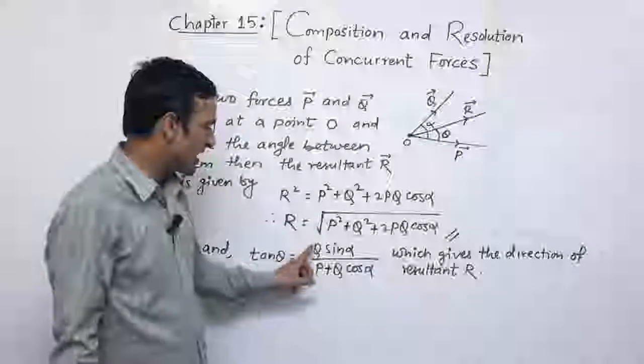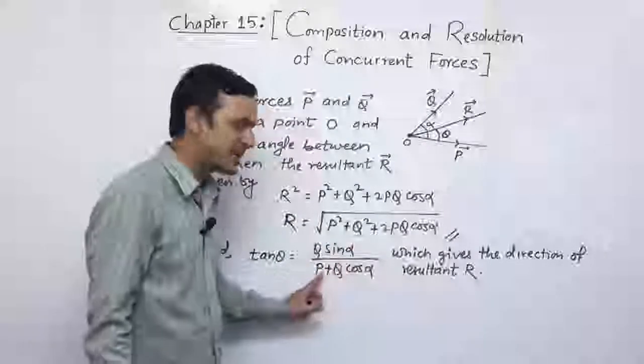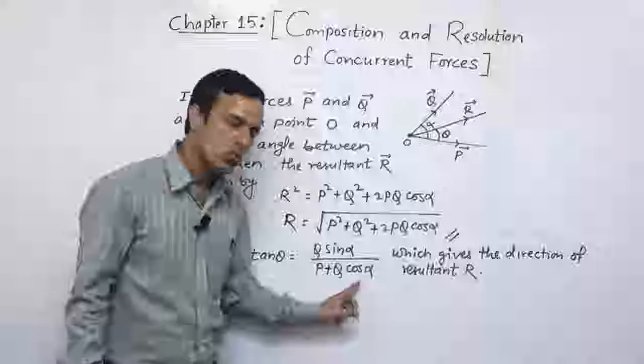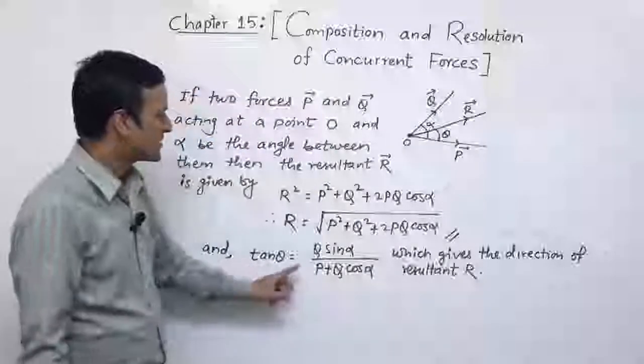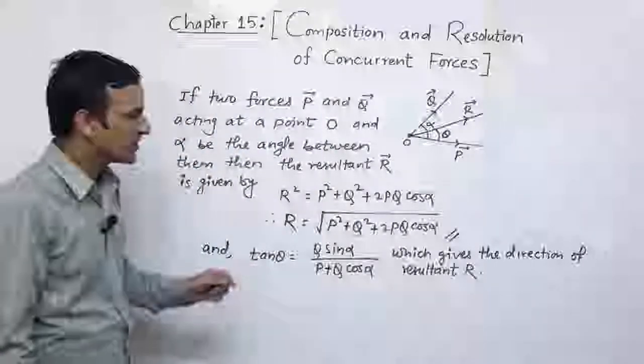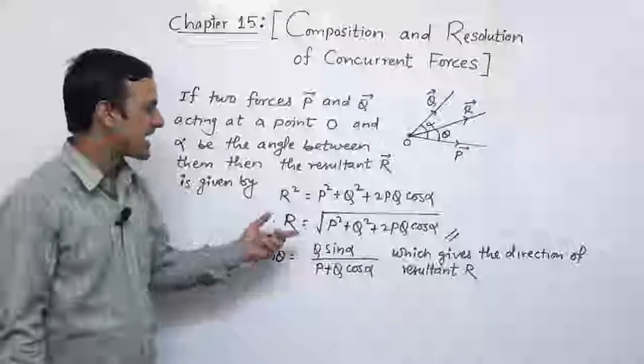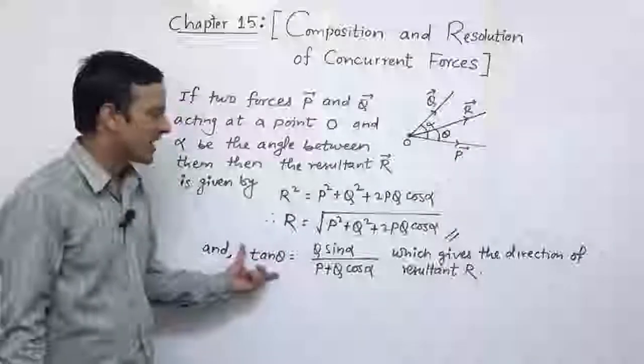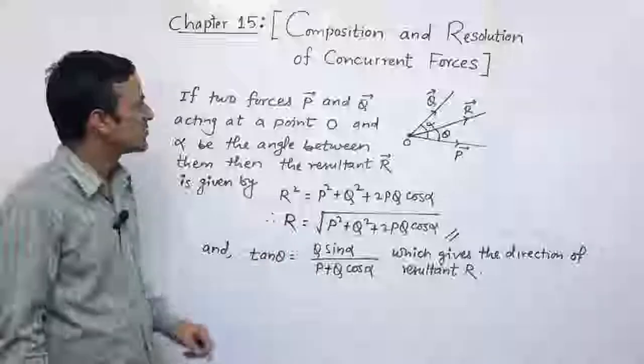So in this formula we apply Q sine alpha divided by P plus Q cos alpha. By using this formula we can find the direction in which the force acts, and the other is the formula to find the resultant.